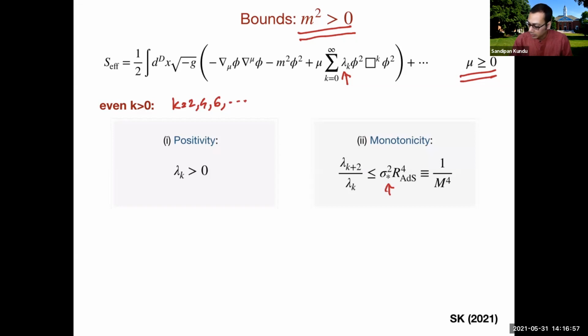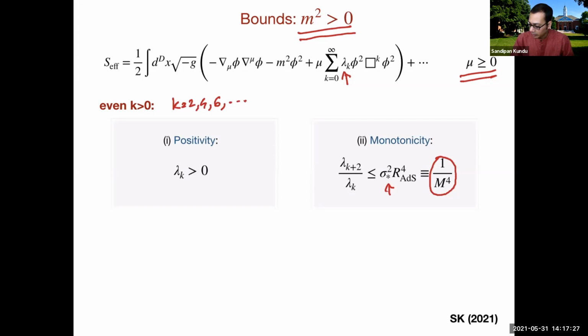So basically this quantity, the right hand side, is suppressed parametrically. And I'm going to define this to be 1 over M to the power 4, where M is some cutoff scale in the effective field theory. This is the definition of the scale M. Before this step, that scale M never appeared in the analysis. So I'm going to define this to be some cutoff scale.